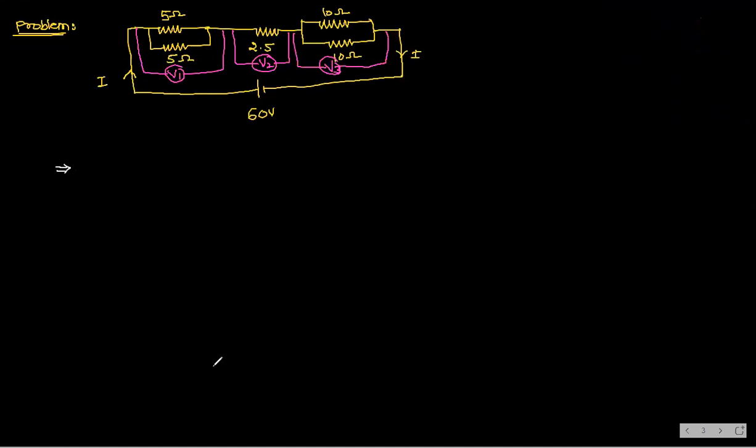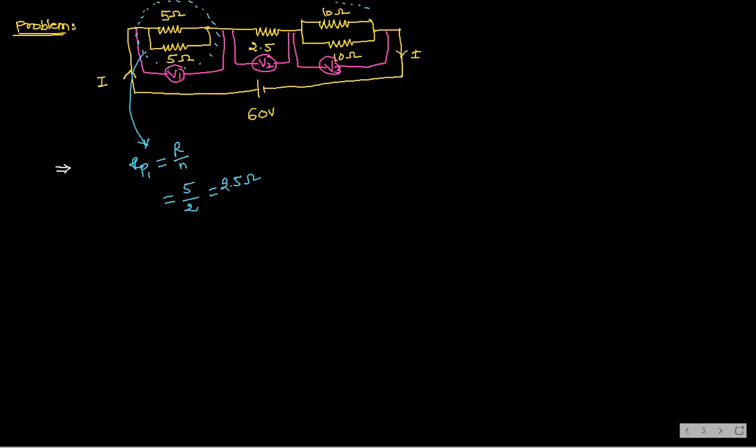Okay, first listen. In this case, this is a parallel combination. As the same resistors are connected, this is RP1, which is equal to R by N, that is 5 by 2, which is equal to 2.5 ohm.